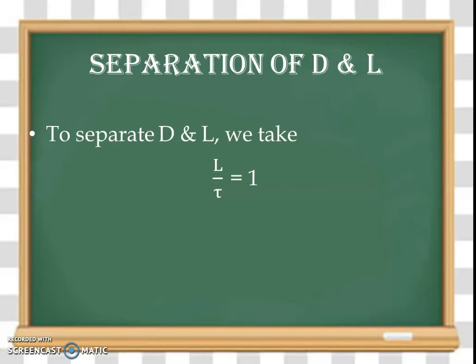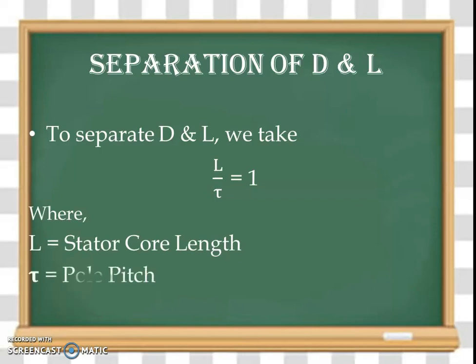If we take the L by tau ratio equal to 1 and substitute it, we can easily separate the values of D and L.